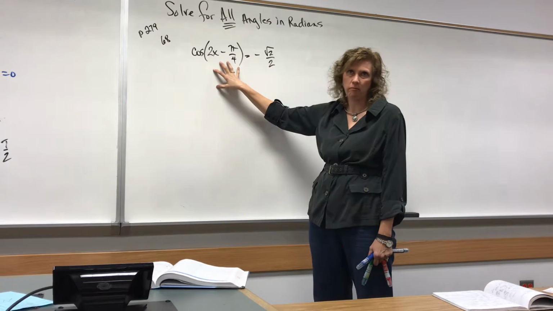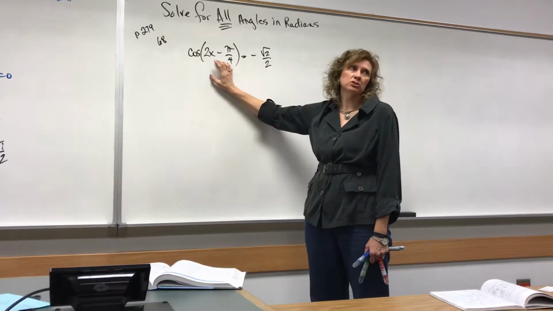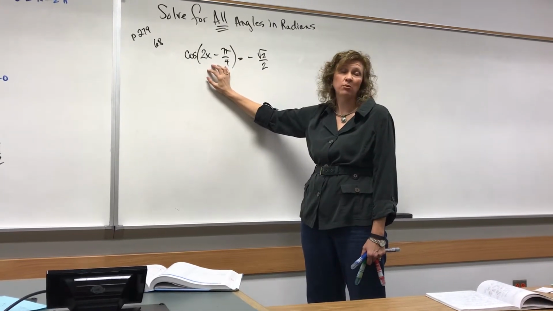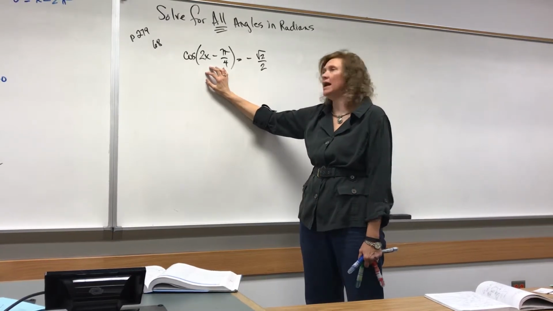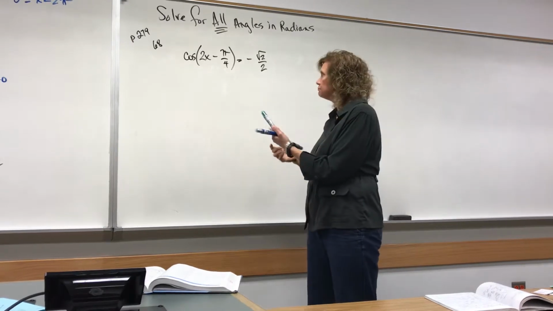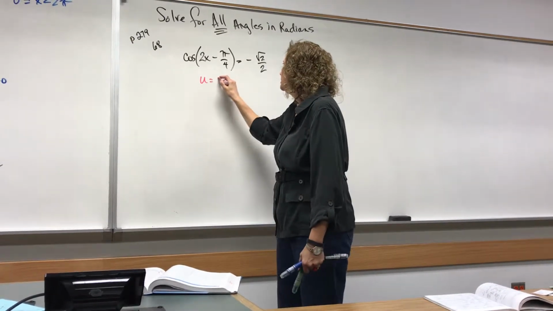Let's not do that. In fact, how much do you love this expression, 2x minus pi over 4? How about we call it something like A, B, anything but X? What do you want to call it? U. Oh, you like U. All right. U is 2x minus pi over 4.